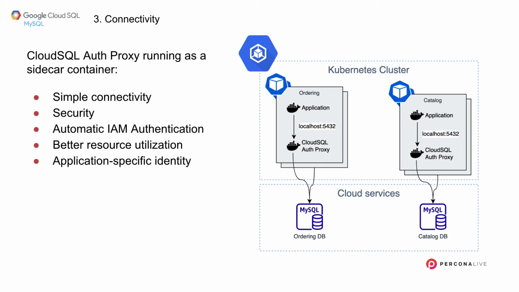For example, in CloudSQL, you can either use private IP from Google Cloud, but the recommended way is to use the Google Cloud Auth proxy to connect to your database as a service.